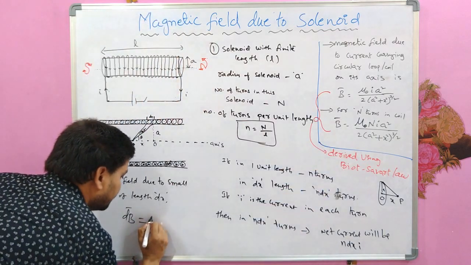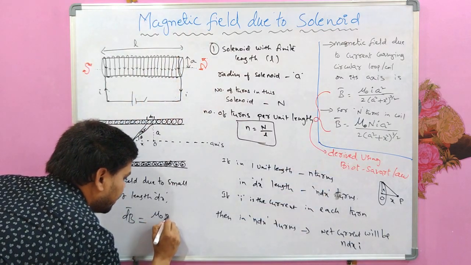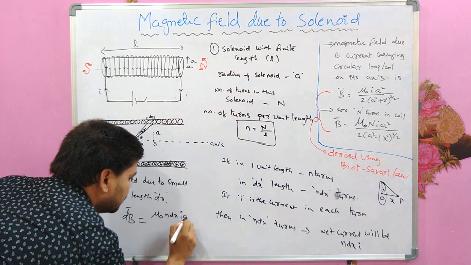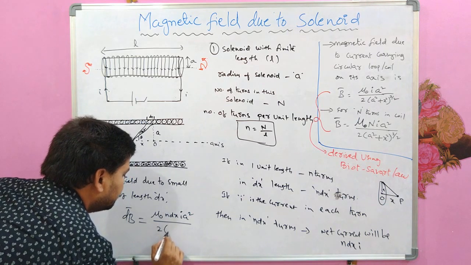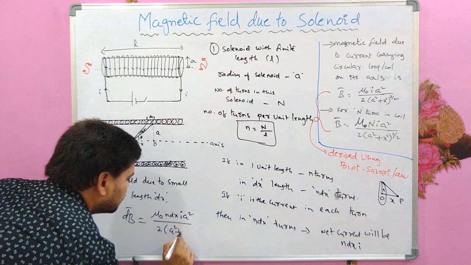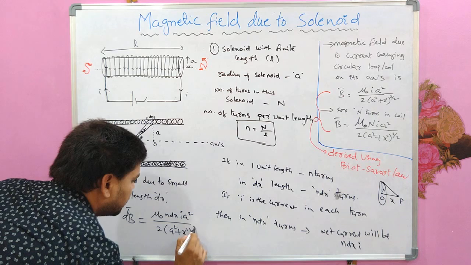It will be mu naught ndx I a square by 2 into a square plus x square whole power 3 by 2.